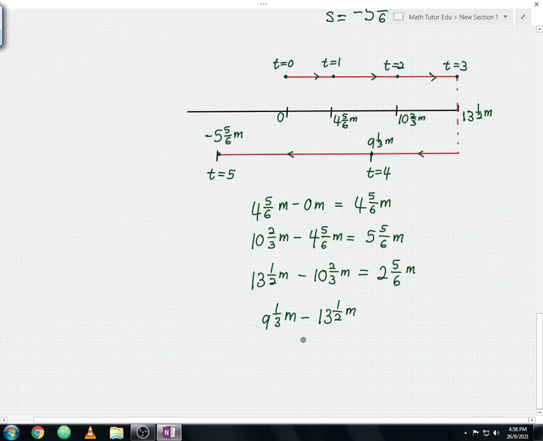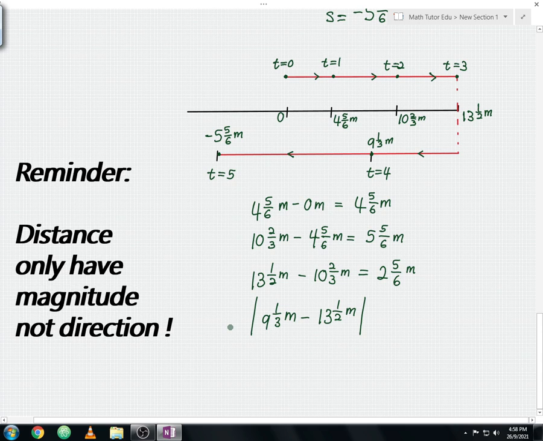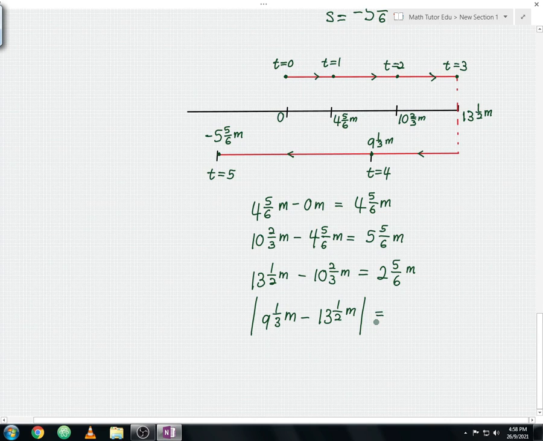Then you can tell me this calculation will lead us to negative. In order to prevent the negative, you put a modulus sign, since we are calculating the distance, right? So the distance will be positive all the time. So you calculate this, you should get your distance of the interval equals 4 1 over 6 meter.